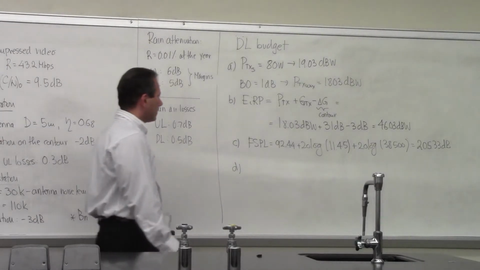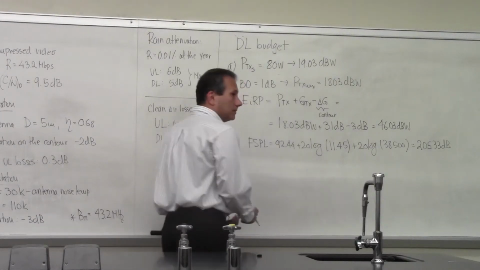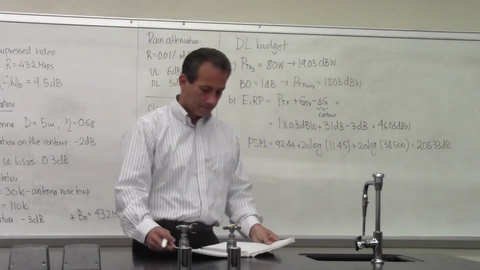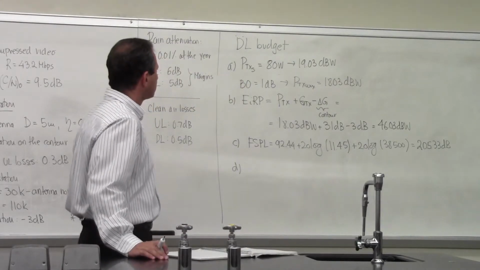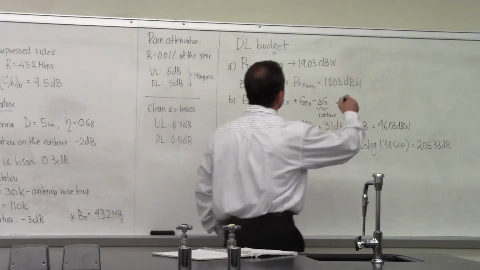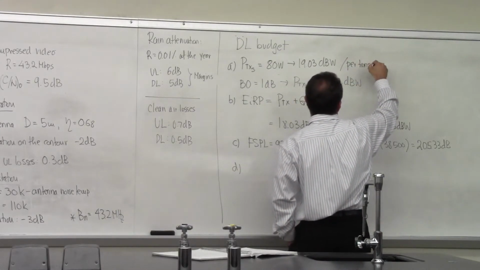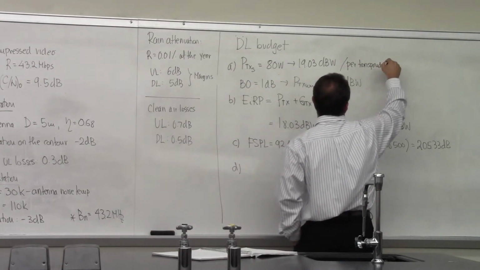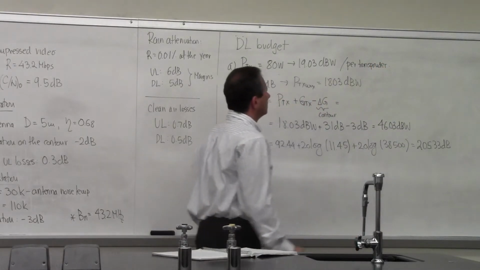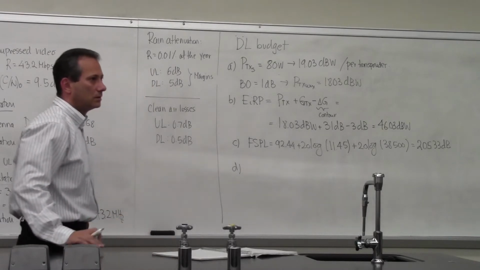Right? So, I have a question. The 80 watts is per transponder. So, yes, per transponder. So is that ERP per transponder then? Yes. So you need to, in the end, multiply.